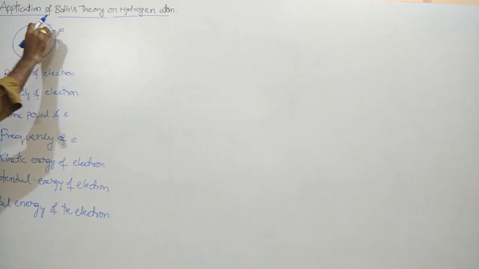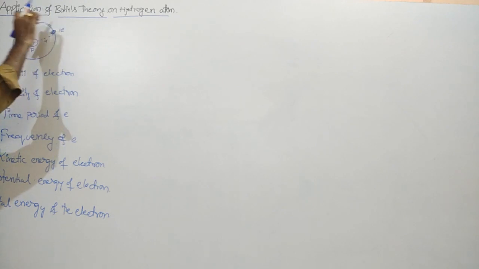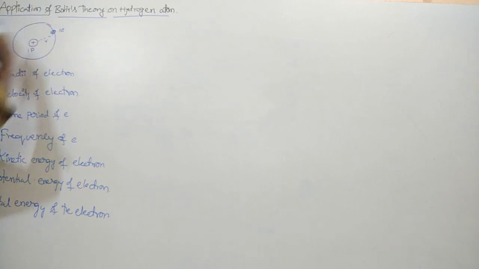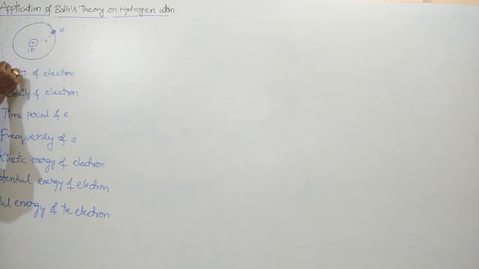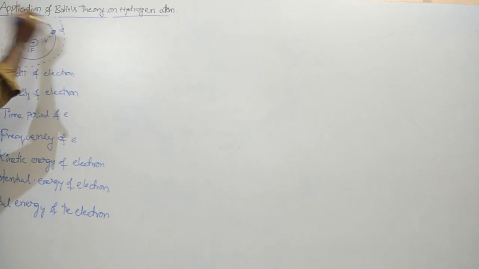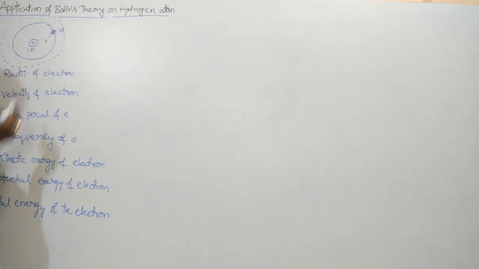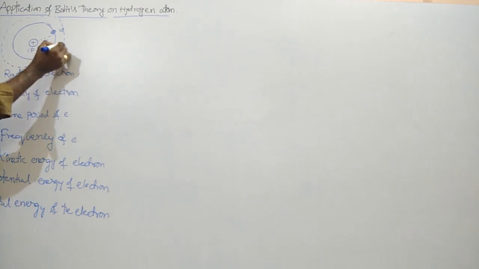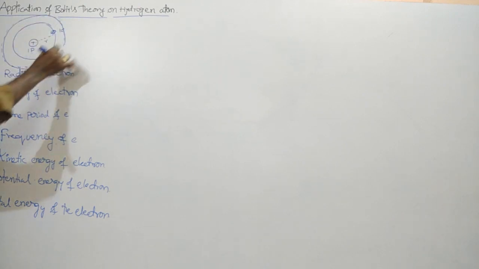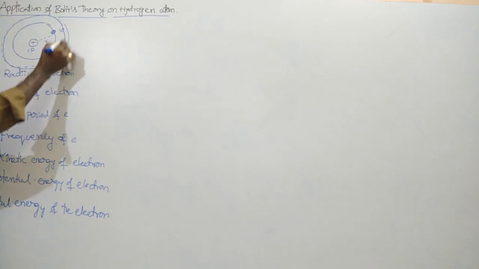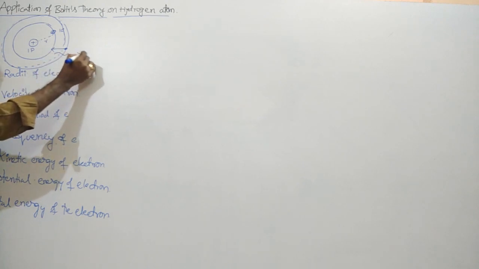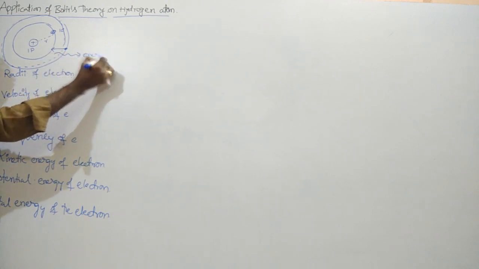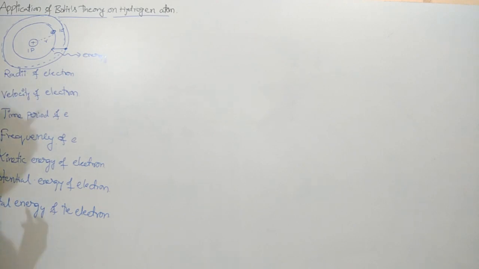Sometimes the electron will jump from a higher energy level to a lower energy level. For your understanding, let's assume one more stationary orbit is available here, and this is the higher energy level. If the electron jumps from the higher energy level to the lower energy level, it will radiate energy.